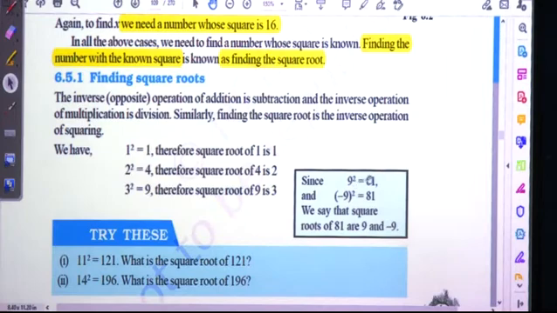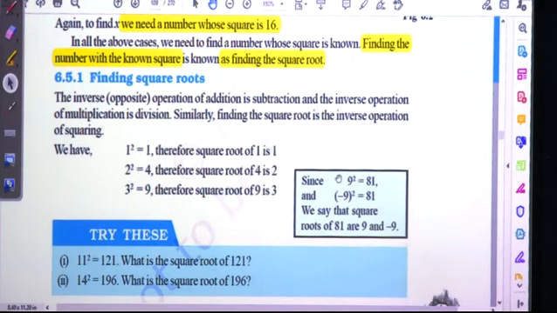Since 9 square is 81 and (minus 9) whole square is equal to 81, we say that square roots of 81 are 9 and minus 9. What is the explanation here? 9 square means 9 into 9 is equal to 81.